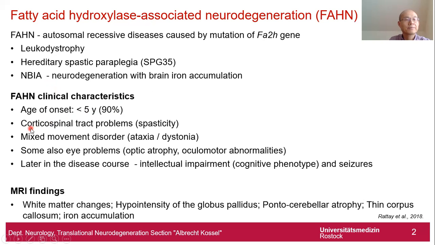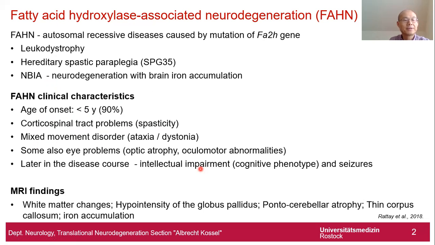And they have corticospinal tract problems, for example, spasticity, and a mixed movement disorder like ataxia and dystonia. And some patients also have eye problems. Late in the disease course, the patients can have intellectual impairment and seizures.